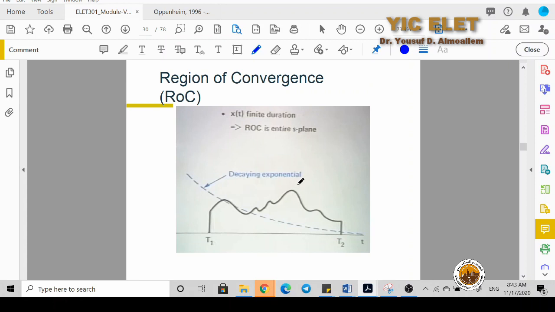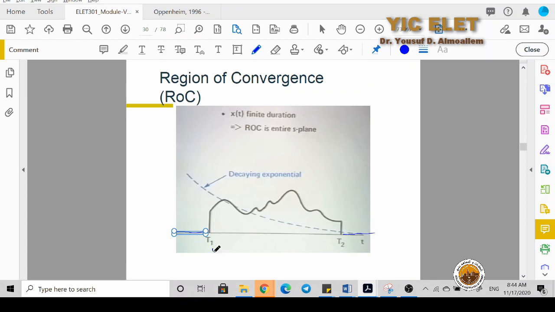If we have a function that is of finite duration, what does that mean? It means that before time t1, or after time t2, the function is equal to 0.